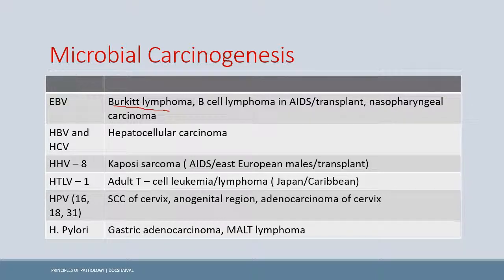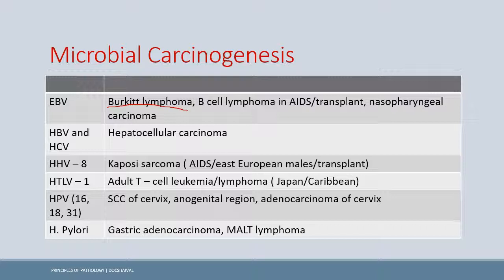An important thing to keep in mind is that the African form of Burkitt lymphoma is usually associated with Epstein-Barr virus. Sorry, there are some Burkitt lymphomas that are independent of the Epstein-Barr virus, not endemic to Africa.